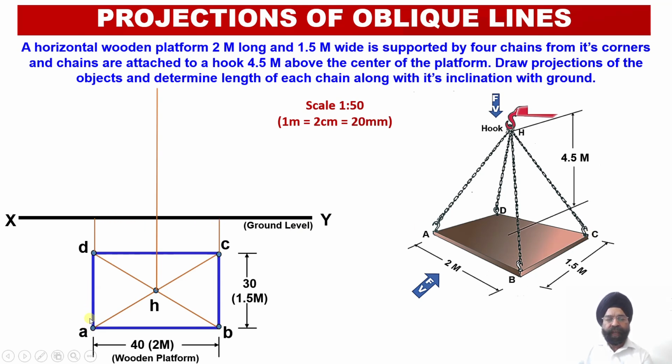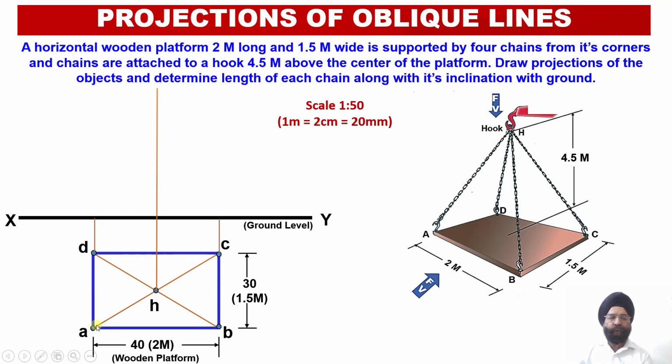So through A and D, you can check, we have drawn a vertical projector line and we assume that this particular platform is lying onto the ground. If this is lying onto the ground or it is horizontal, we can mark this point A and B over here onto the XY reference line.